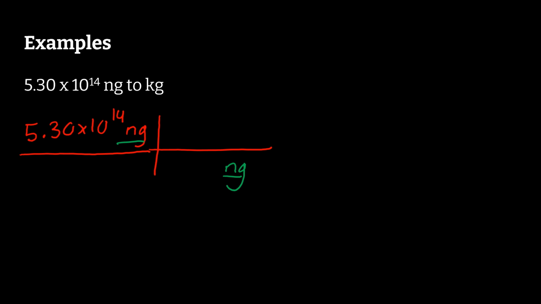So first, we have our 10 to the negative ninth from our nanograms. So we're dealing with our grams. So our 10 to the negative ninth grams is equal to 1 nanogram. Plugging that in, now that we are in grams, we are now able to convert over to the kilograms.